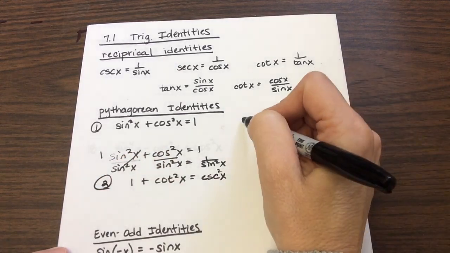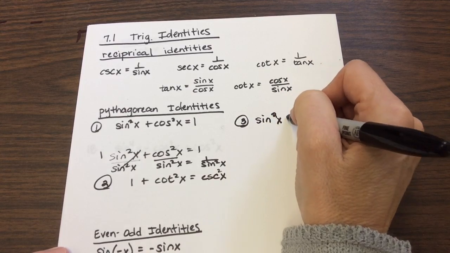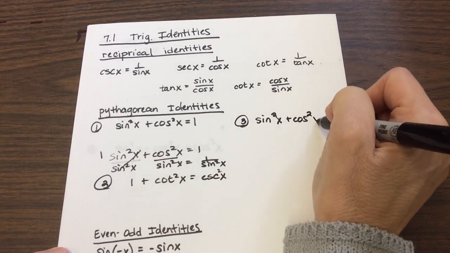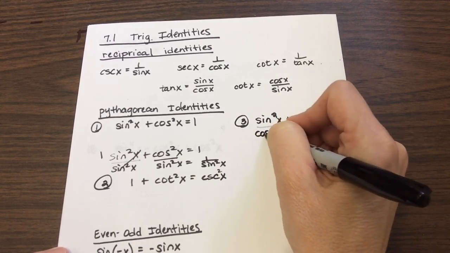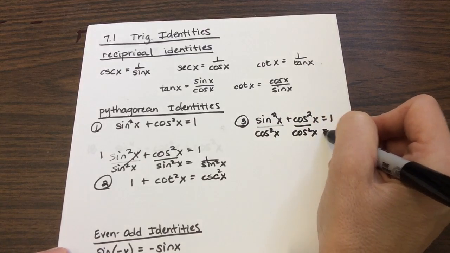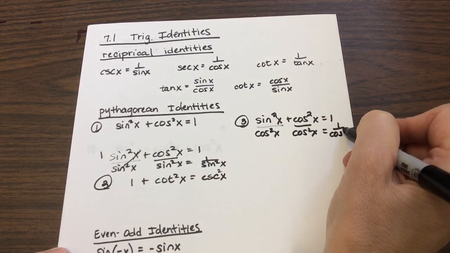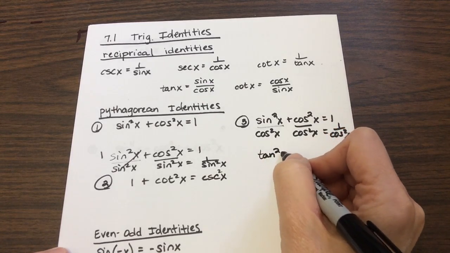And then I'm going to do the last one. I'm going to do the same thing, except this time I'm going to divide all 3 terms by cosine squared. And then we know that that is tangent squared.